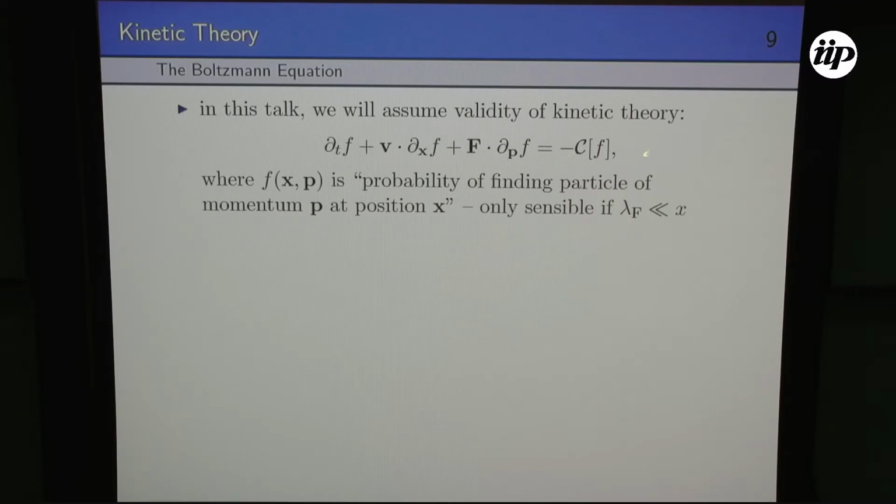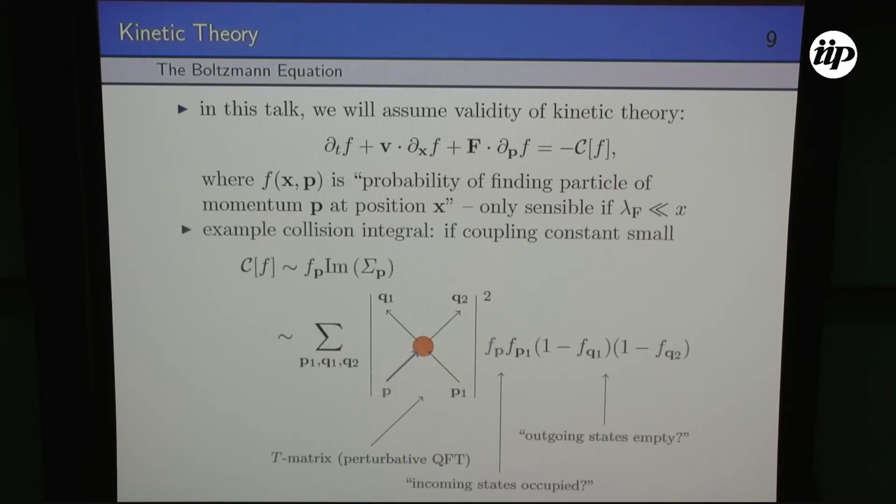On the right-hand side of this equation, we will perturbatively introduce a collision operator that has a very nasty form in general. But there's a prescription for how to compute it. You can roughly think of it as the lifetime of each individual particle.